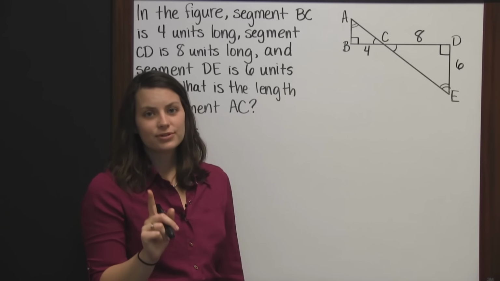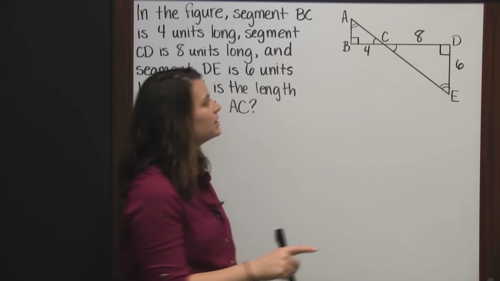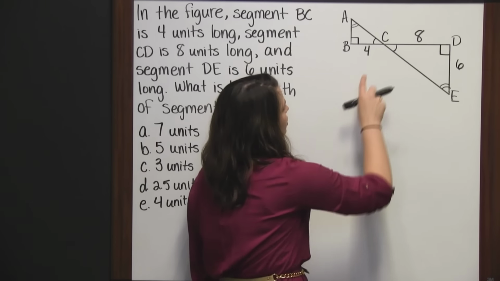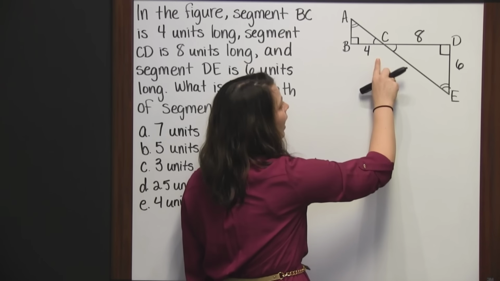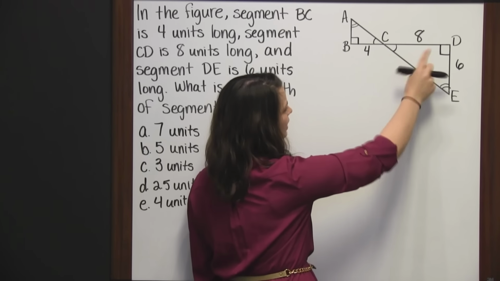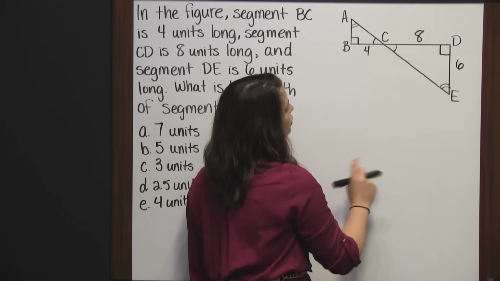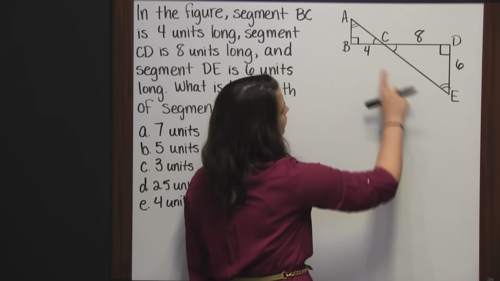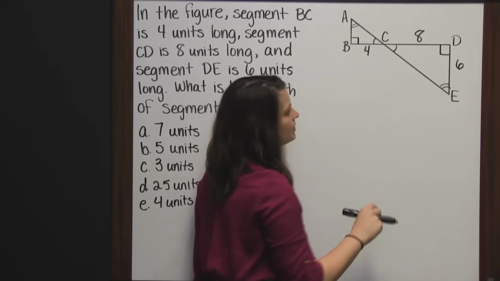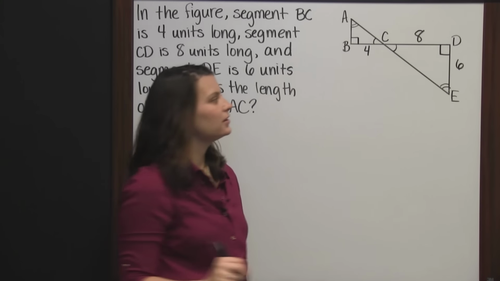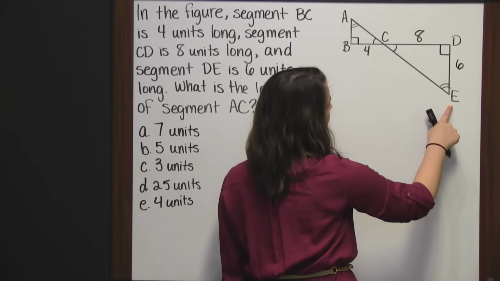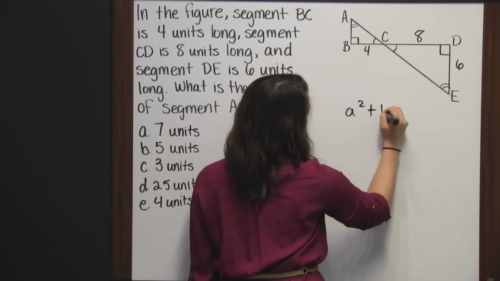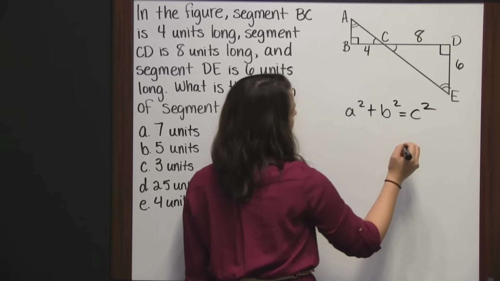And since these triangles are similar, that means that their corresponding sides are proportional. You see that segment BC is half of segment CD. 4 is half of 8. So if we can find the length of segment CE, then we know the length of segment AC is half of that. We're going to find the length of segment CE using the Pythagorean theorem. A squared plus B squared equals C squared.